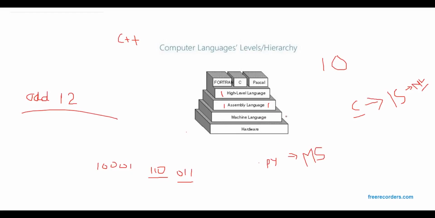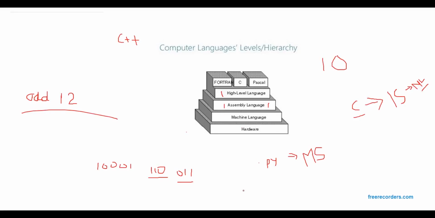So actually, all of the programs we are learning will be in a high-level language, and it will be converted into an intermediate state for ease, and then it is converted into machine language.